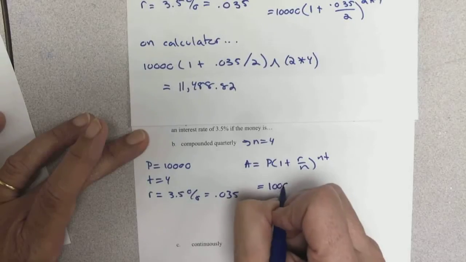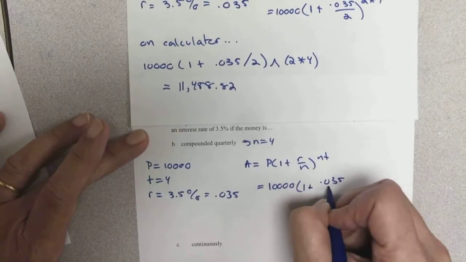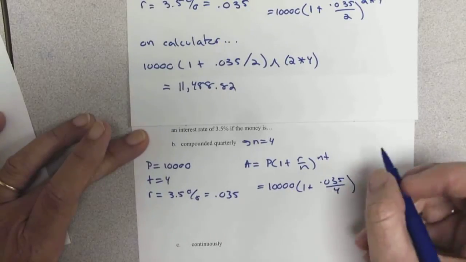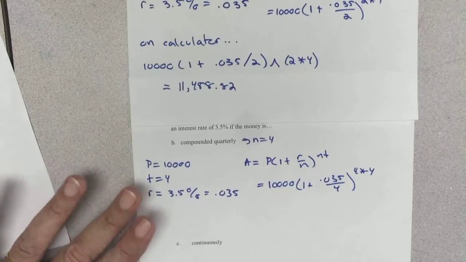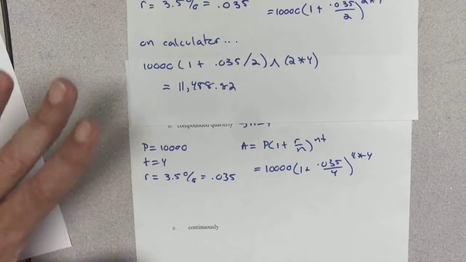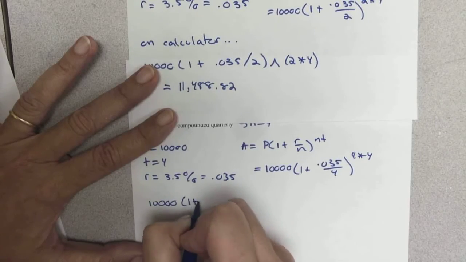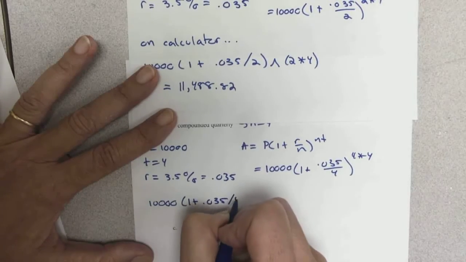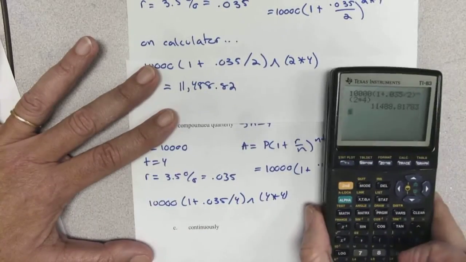That's going to be 10,000 times (1 plus 0.035 divided by 4) this time, raised to the 4 times 4. And again, you're just going to do that on a calculator.